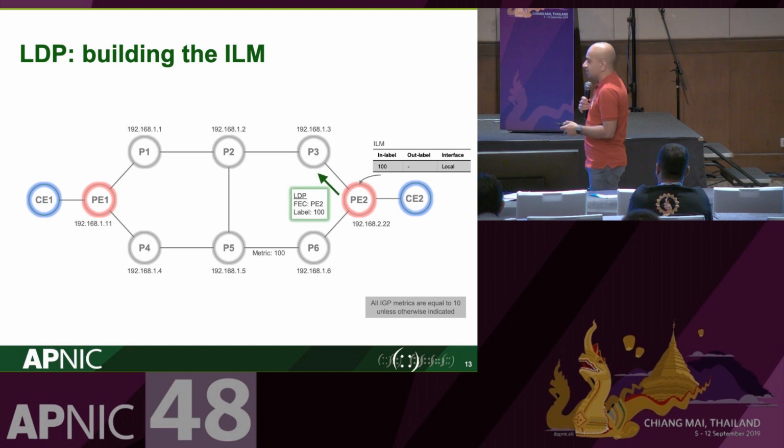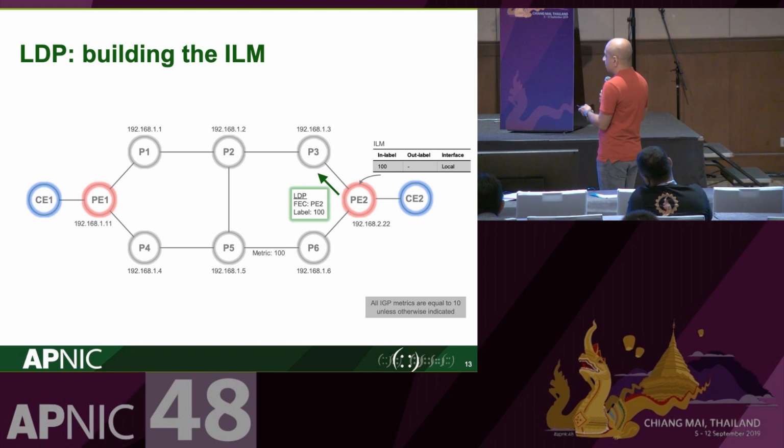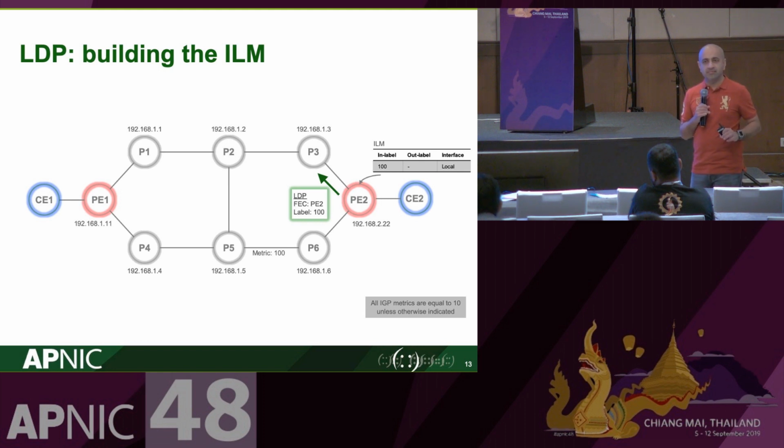What it then does is that it sends an LDP message to its neighbors. One of its neighbors is P3. So the message is saying, associate, now FEC actually stands for Forwarding Equivalence Class, in case you're wondering. It's just a fancy way of saying, this is the address. I will not worry about it too much. So just think of FEC as identifying the address.